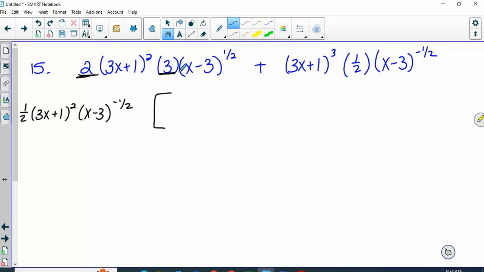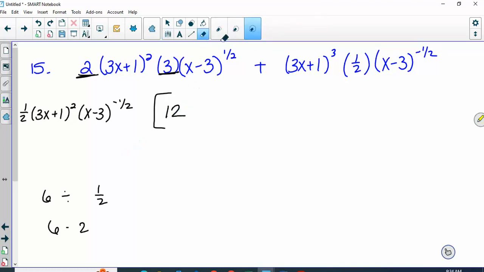So 2 times 3, that's 6. If I take out the 1/2, that means 6 divided by 1/2. To divide by fractions, you flip and multiply. So that's 6 times 2, so you would get 12. We took out this. Right, this was 1/2 minus negative 1/2.